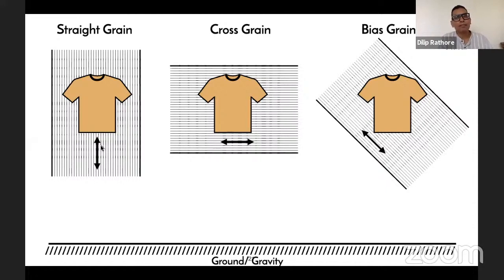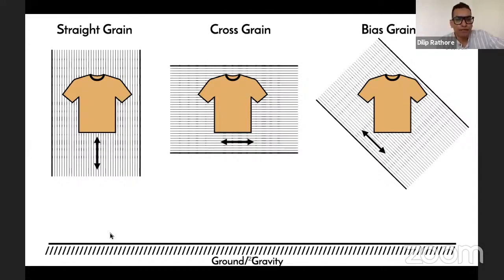When somebody is wearing a garment, they are for sure on the ground, which means gravity has a role to play in the garments they are wearing. And second, their body has a role to play in the garment. So two aspects.